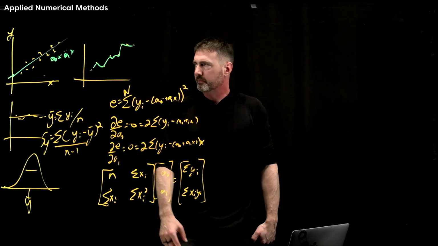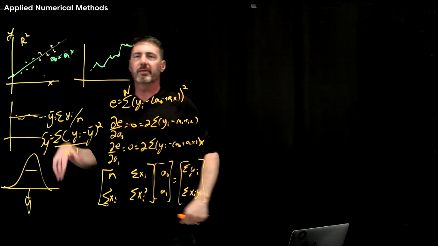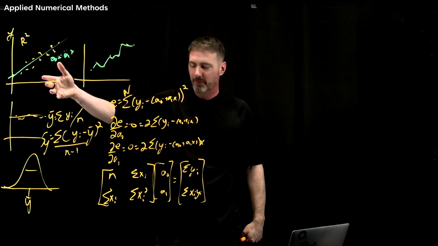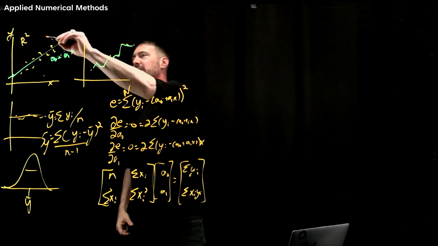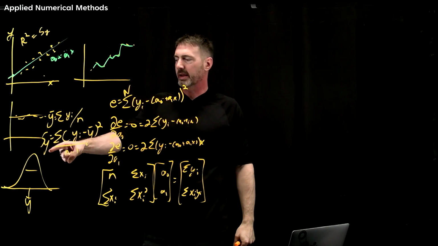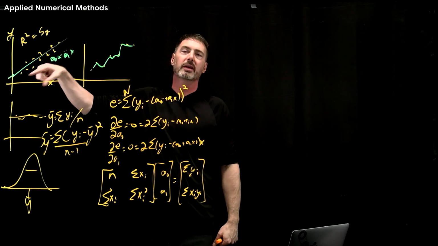The second one, if you've ever heard the R² error, it's actually a normalized error. What you're taking is the standard deviation, so you can calculate it by summing. You have your y average, and it's your curve fit.